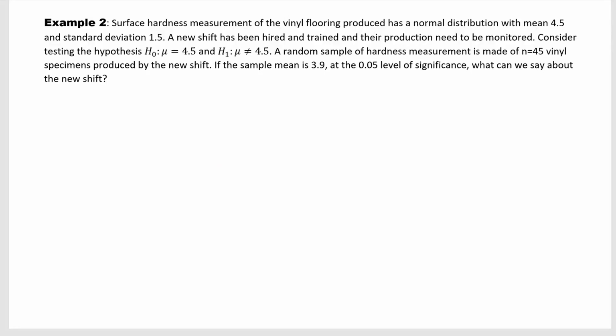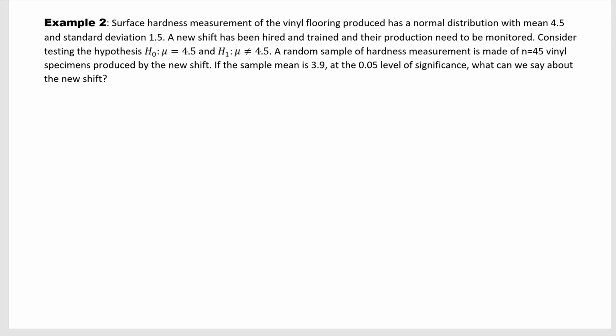Surface hardness measurements of the vinyl flooring produced has a normal distribution with mean 4.5 and standard deviation 1.5. A new shift has been hired and trained, and their production needs to be monitored. Consider testing the null hypothesis.